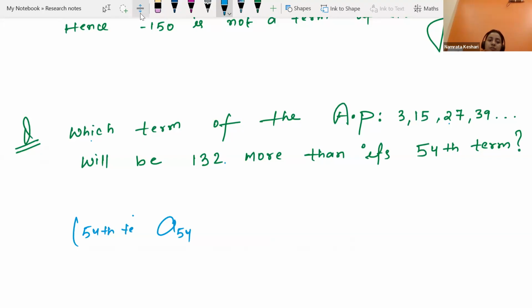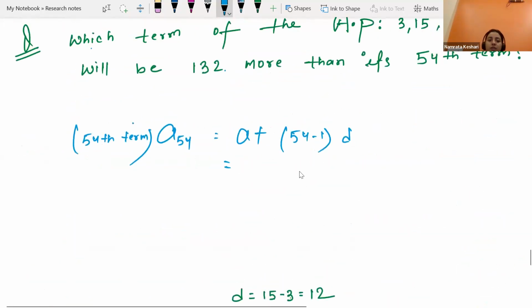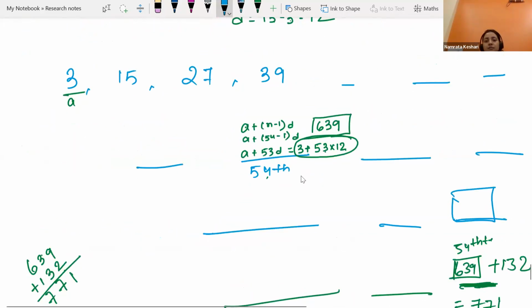You are finding a54 is equal to a plus 54 minus 1 into d, and from here you are getting 639. Now 132 more than 639, that is the 54th term, is equal to 771.